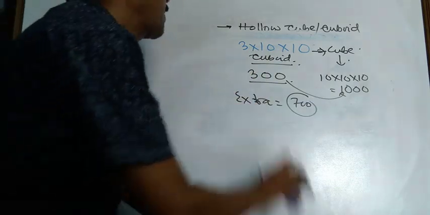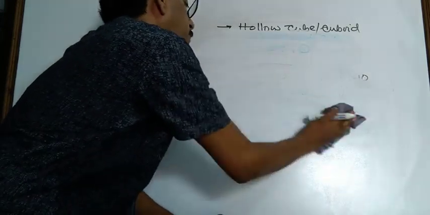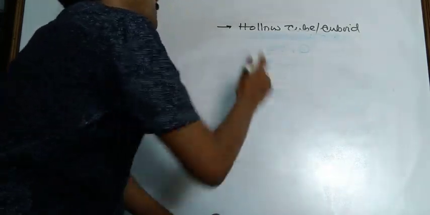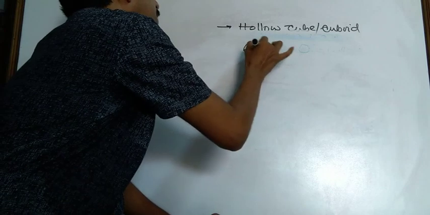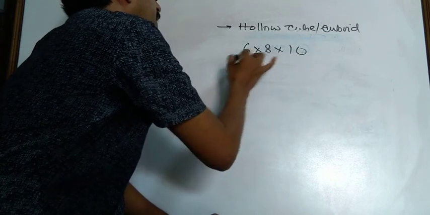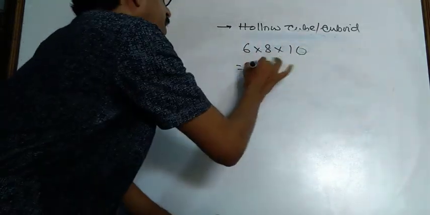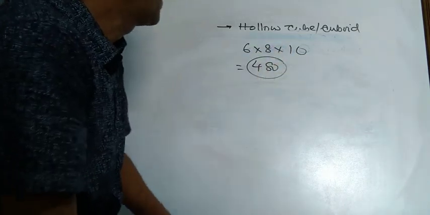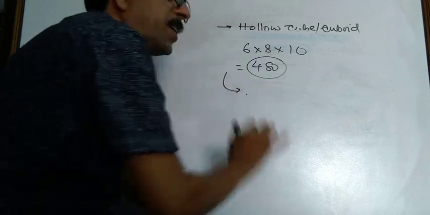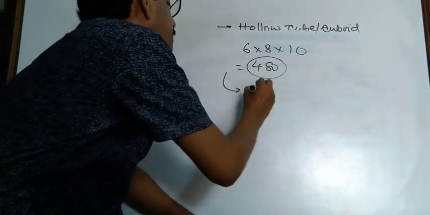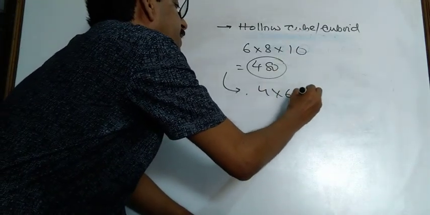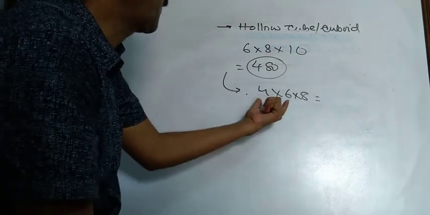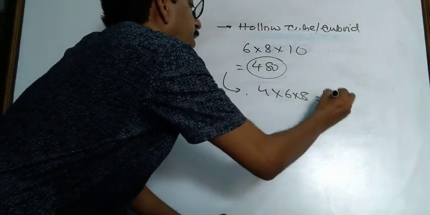Okay. Now say, if you are given a cuboid of size 6 into 8 into 10, the total is 480 small cubes. If you cut this into small cubes of size 1 by 1 by 1, and you want to see how many are inside, then it is 4 into 6 into 8, and it is 24 into 8, that's 192.